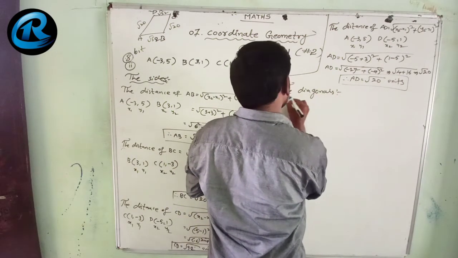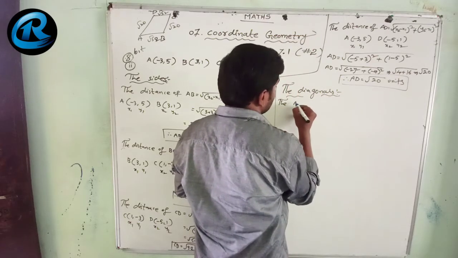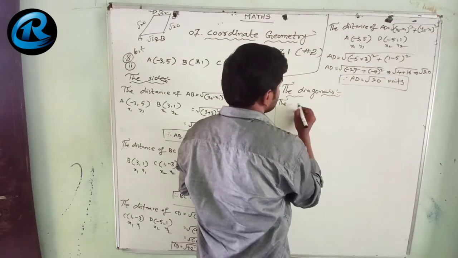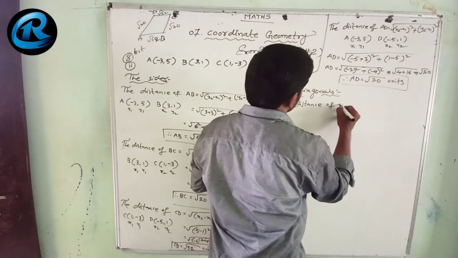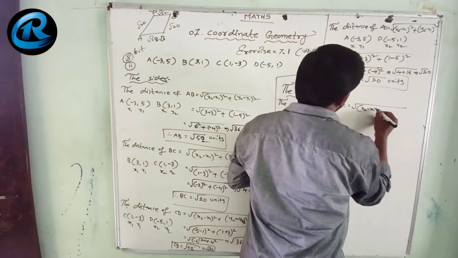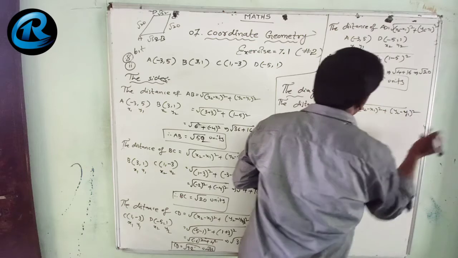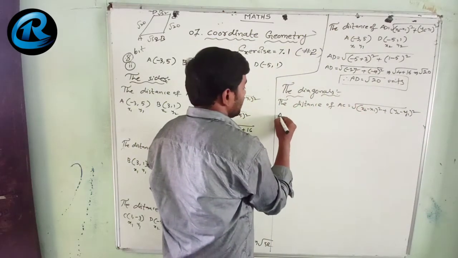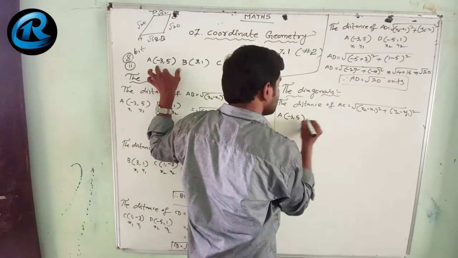Let us find out the diagonals AC and BD. The distance of AC we need to find out. The distance of AC equals under root of x2 minus x1 whole square plus y2 minus y1 whole square. The A point is minus 3 comma 5.